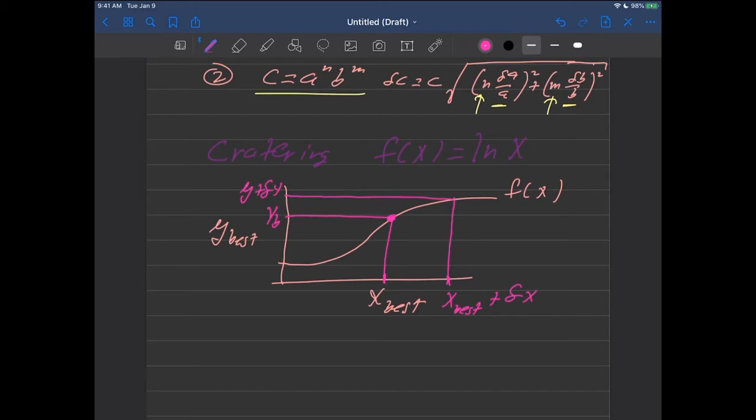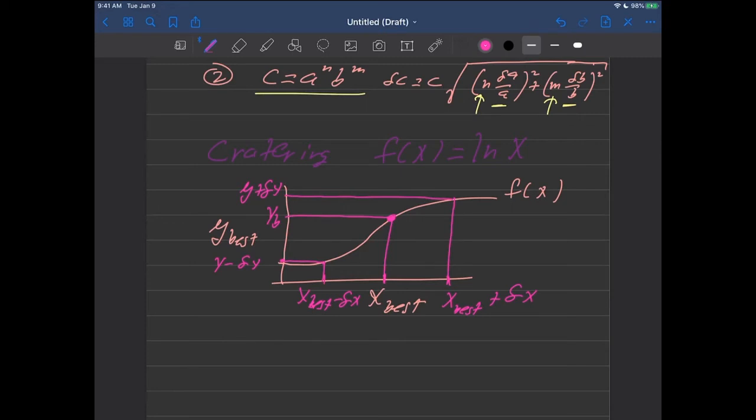Again, our goal is to figure out what this exact mapping is going to be. If I go back over here, I will have x best minus delta x, and that, of course, gets mapped into y down here, something like that. My drawing isn't the best, but there you go. This point right here would be y minus delta y. So what is this mapping going to be?